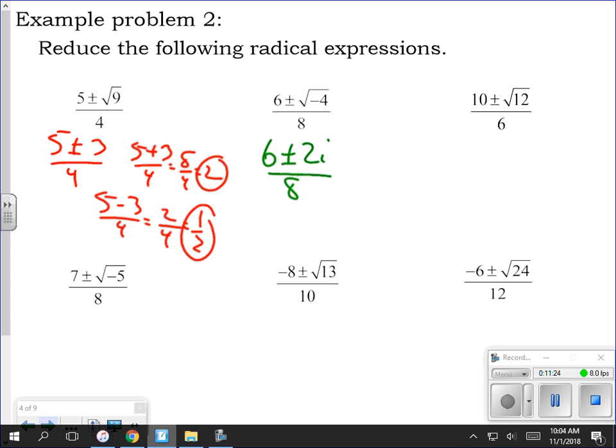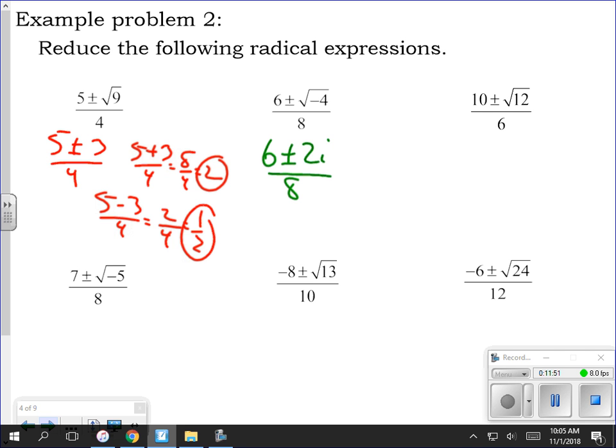Next step, well, I can't break this down and I don't want to do 6 plus 2i over 8, 6 minus 2i over 8. I don't want to do that because I still have a radical in there, don't I? Technically the i is still a radical. So I don't want to split it into 2. However, if at all possible, I want to reduce my fractions. And I can.